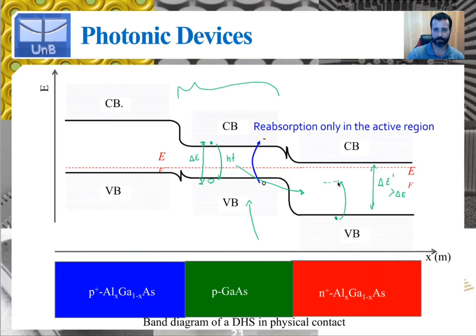But this cannot happen, and therefore absorption will not happen here, and it won't happen here as well. So these outside layers are transparent to the emitted photons, and this decreases reabsorption significantly. This is still yet another advantage of the double heterostructure.